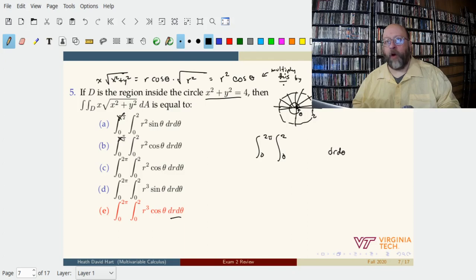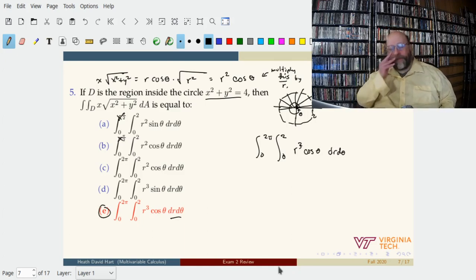Multiply this by r to put it in polar, so we put this down as r cubed cosine theta. And that's where we get choice E from. Not from setting up the geometry, but from setting up the inside function, the integrand. Okay?